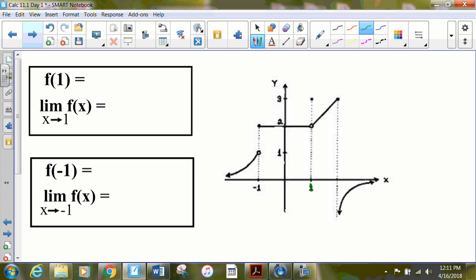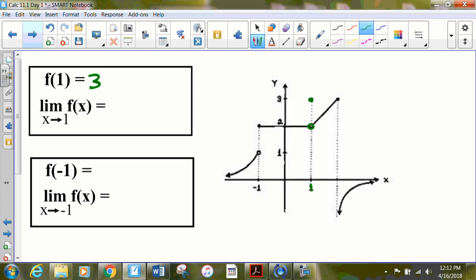We see an open circle here that clearly means no value there. It's just like a placeholder. But here we see there's a point. When x is equal to 1, y is equal to 3. Remember, f of 1 is a shortcut. Instead of saying, when x is equal to 1, y is equal to 3, we say f of 1 is 3.